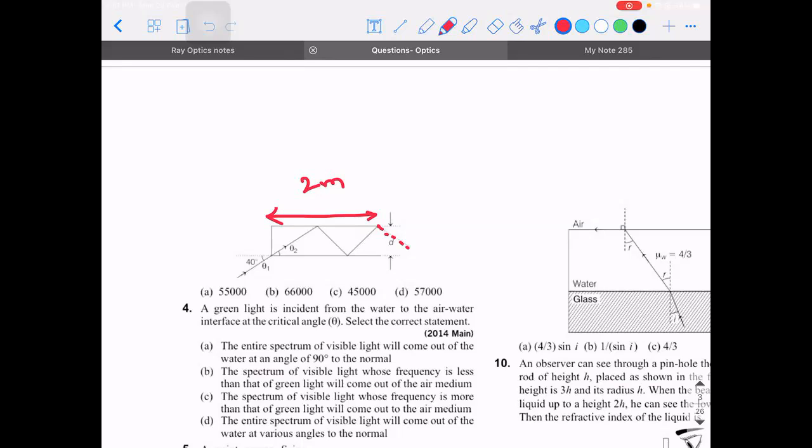So first, whether the refractive index is useful or not, apply Snell's law. Outside medium's refractive index is mu1, inside is mu2.